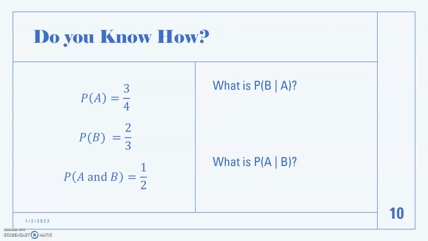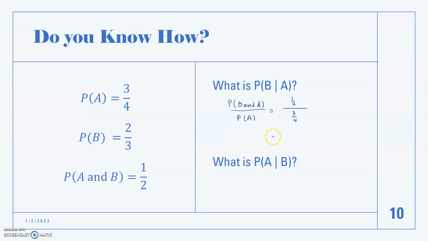All right, so we're going to practice using that formula. It's the probability of B given A. So we're going to look at the probability of B and A and divide that by the probability of A. So B and A would be 1/2, divided by the probability of A, which would be 3/4.